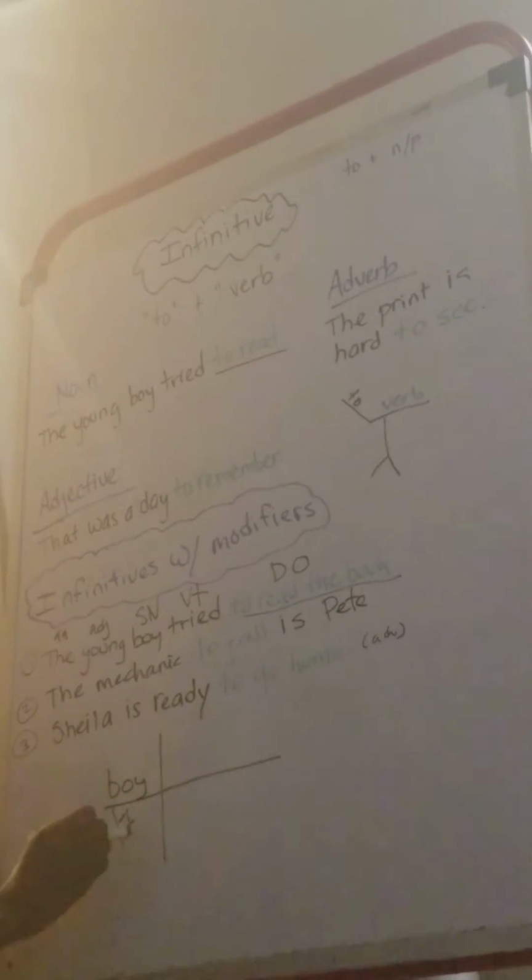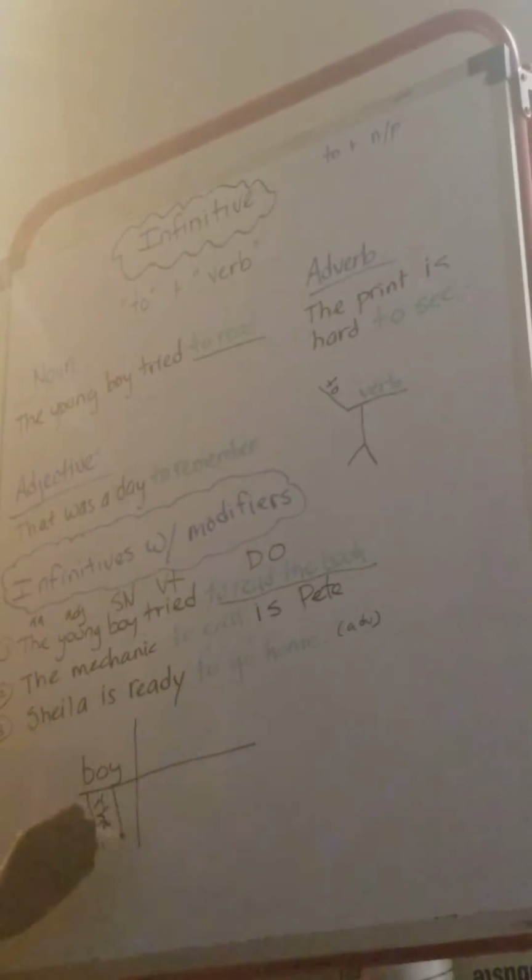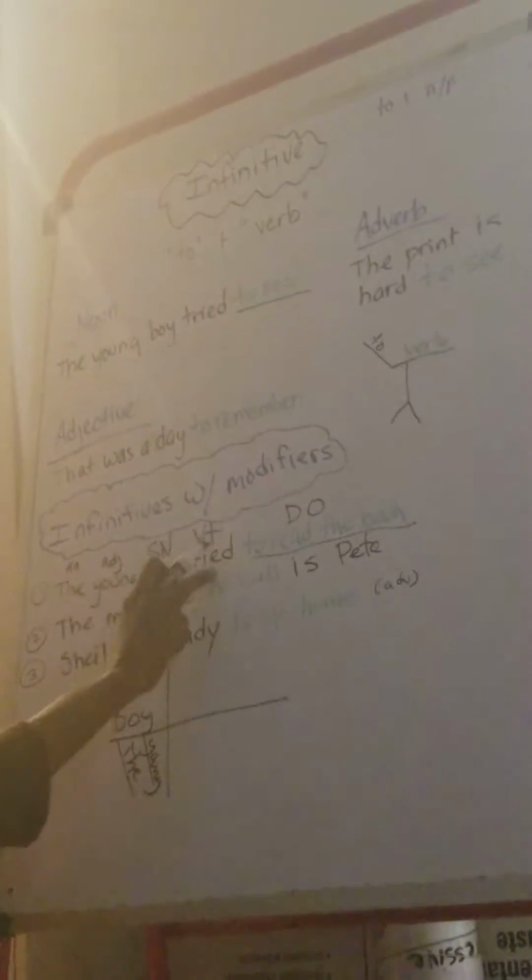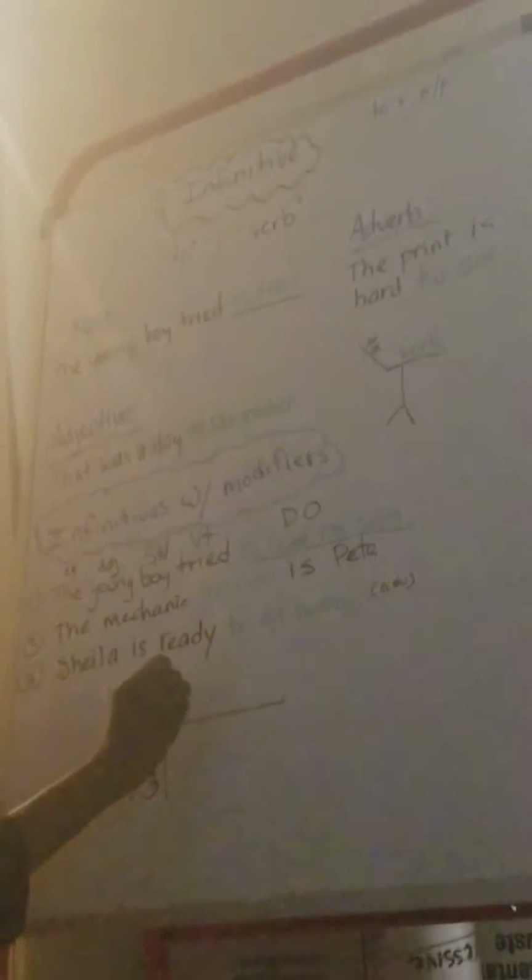The is a modifier, our adjective article. Young is also an adjective, goes under boy. Then we have our verb, tried. Okay, and then our infinitive with its modifier is going to go in the place of our direct object because it's playing a direct object in our sentence.